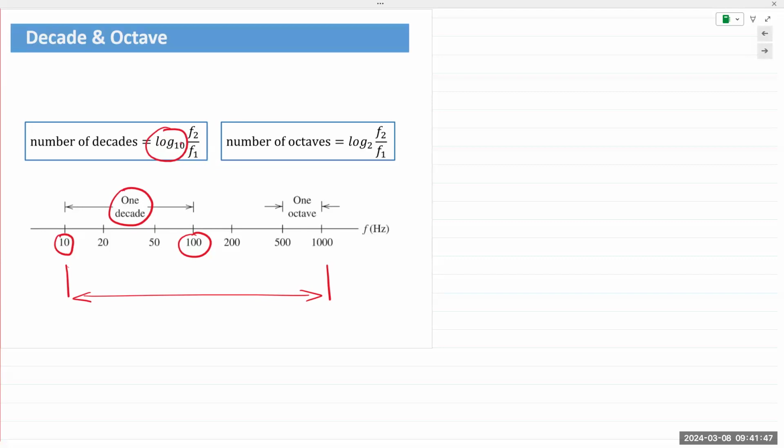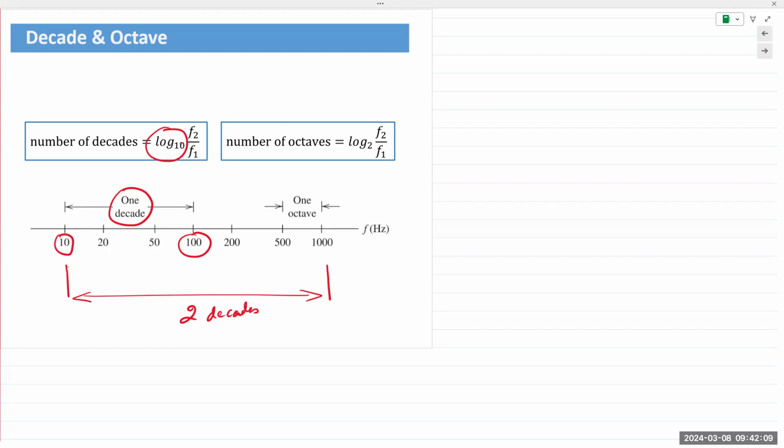You take the log, you get 2 decades. So now we are squeezing a large range of frequencies into a smaller space by simply taking the log of those frequency numbers.